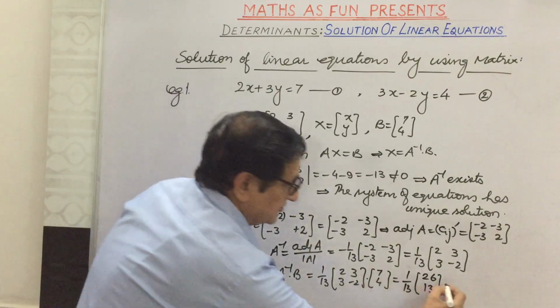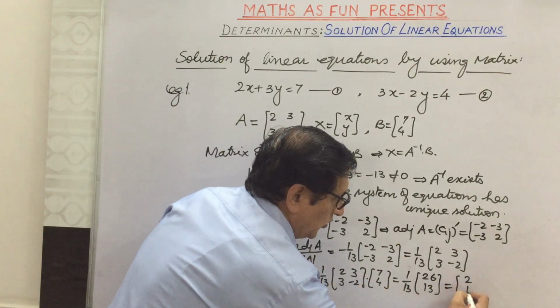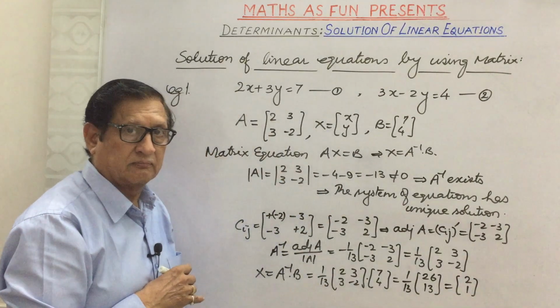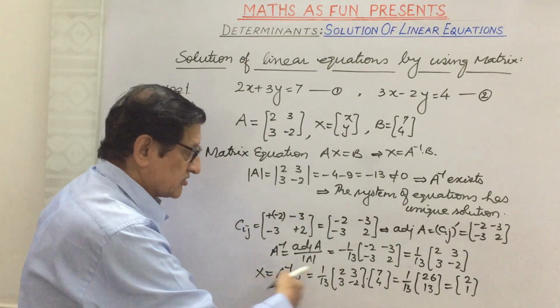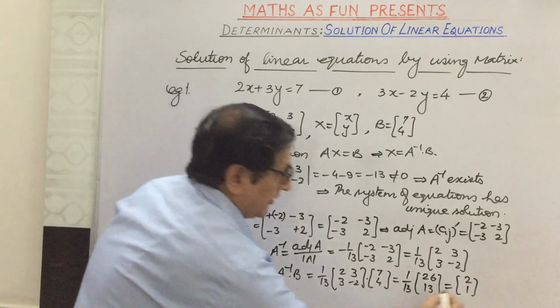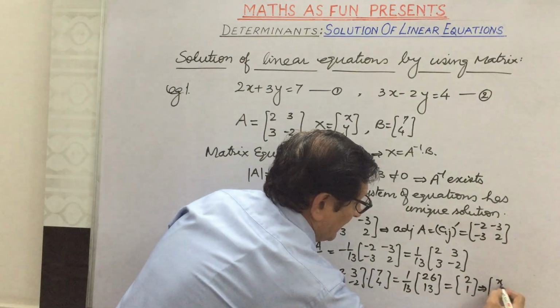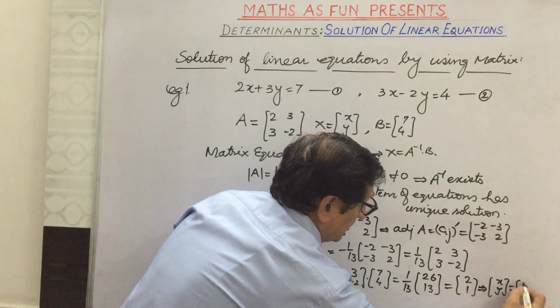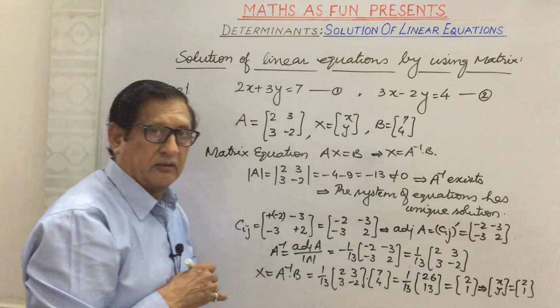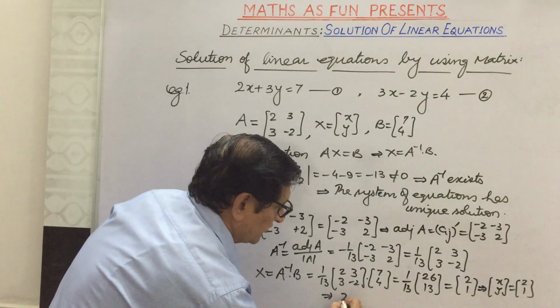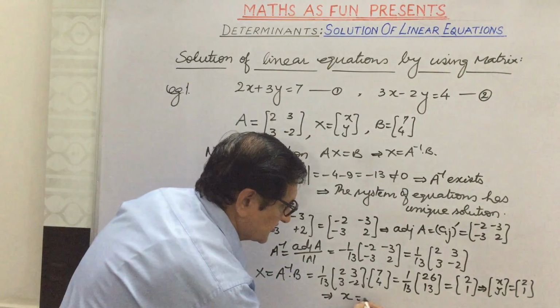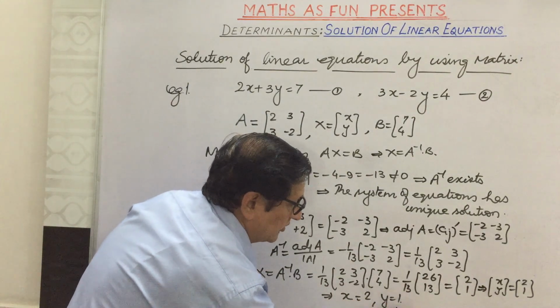If we divide this by 13, it will be 2, 1. So we are getting X is equal to 2, 1. It means X, Y is equal to 2, 1. This gives us the values of the variables. X is 2 and Y is equal to 1.